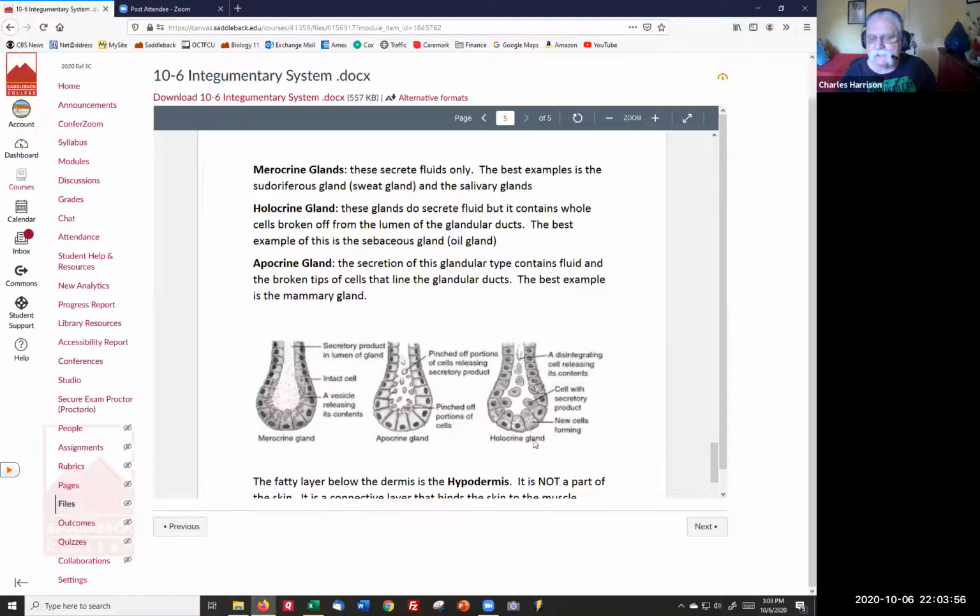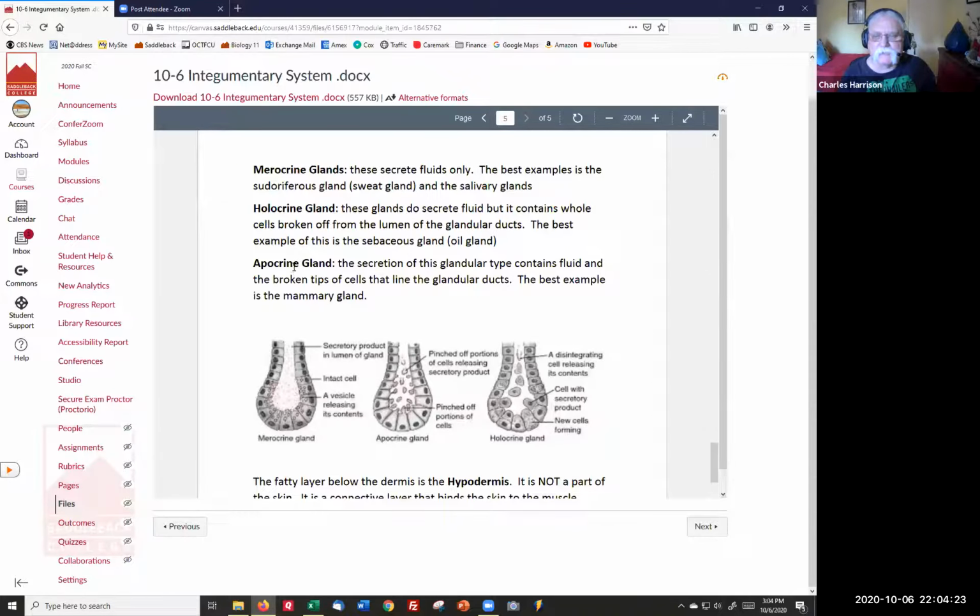Here's the holocrine gland over here, and it will secrete fluid, but it's breaking off cells. They're dividing, and the whole cell departs as well. The best example here is the oil gland or sebaceous gland. So you need to know the oil gland is a holocrine gland.